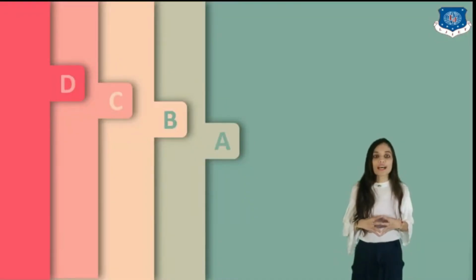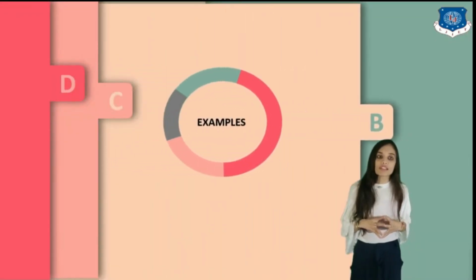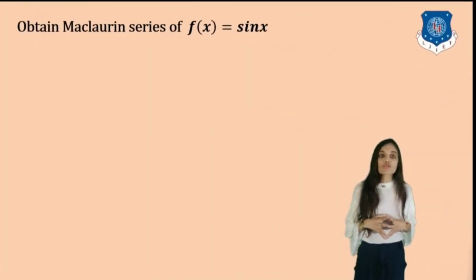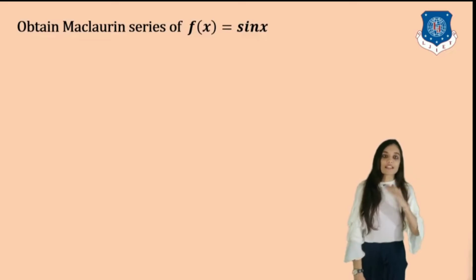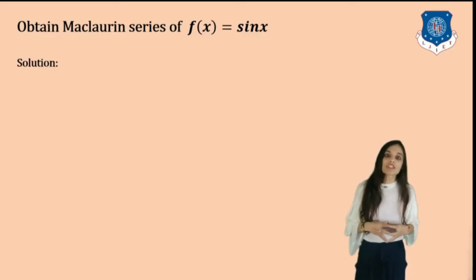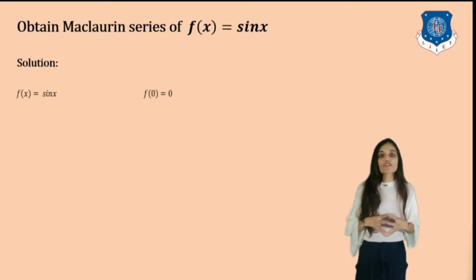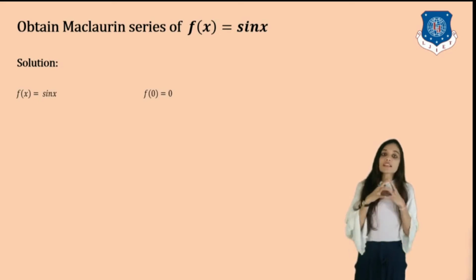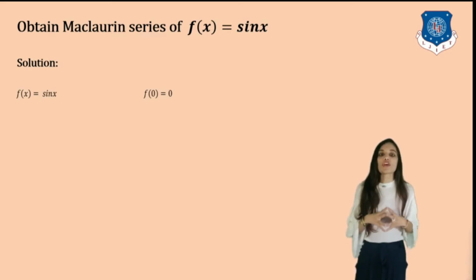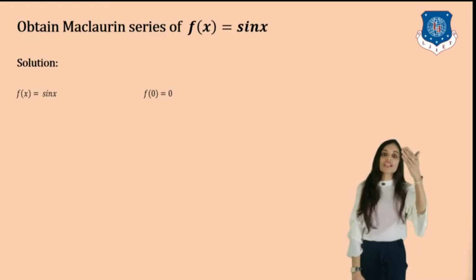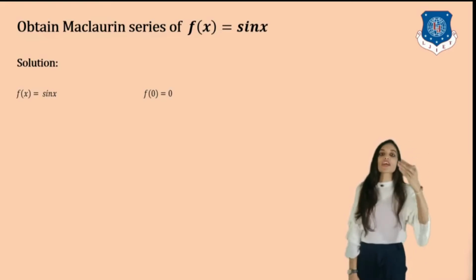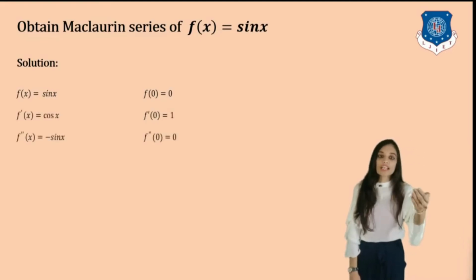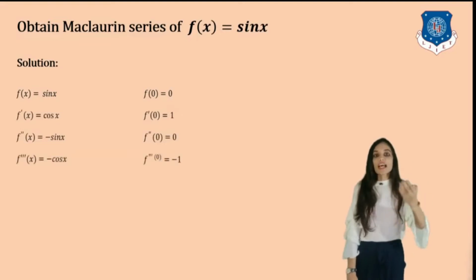Now we'll solve a few examples based on Maclaurin series. Our first example is to obtain the Maclaurin series of f of x is equal to sin x. Let us begin with the solution. Obviously we have to find the derivatives, and here we always have to put the value of a as 0. So f of x is equal to sin x, f dash of x will be cos x, f double dash of x will be minus sin x, f triple dash of x will be minus cos x.